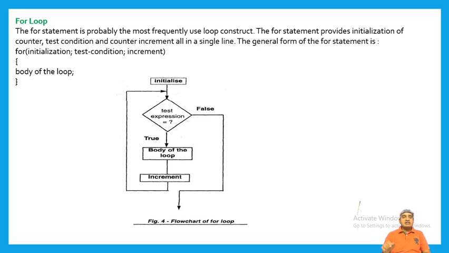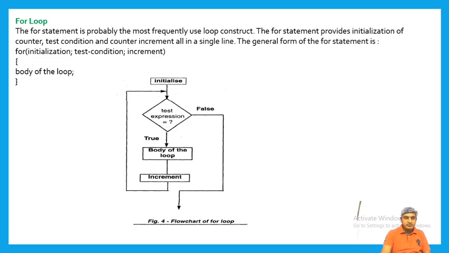If it is false, the execution of the program goes outside the loop. But if it is true, the body of the loop is executed. It is again incremented by 1. Again check the condition. If it is true, the body of the loop is executed again. This is carried on until the test condition is no longer true.